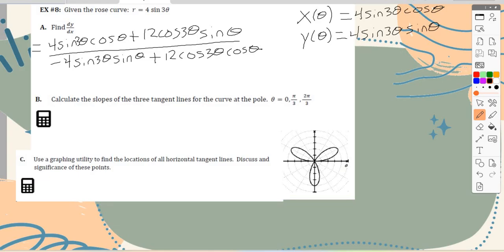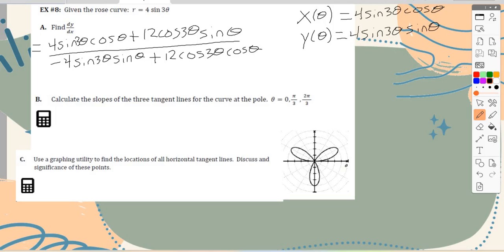Alright, next up, what's part B asking us to do? Okay. So what are we gonna do with those? Do we want to do that by hand? Not really, but what do we have next there? Ooh, that's nice, right?